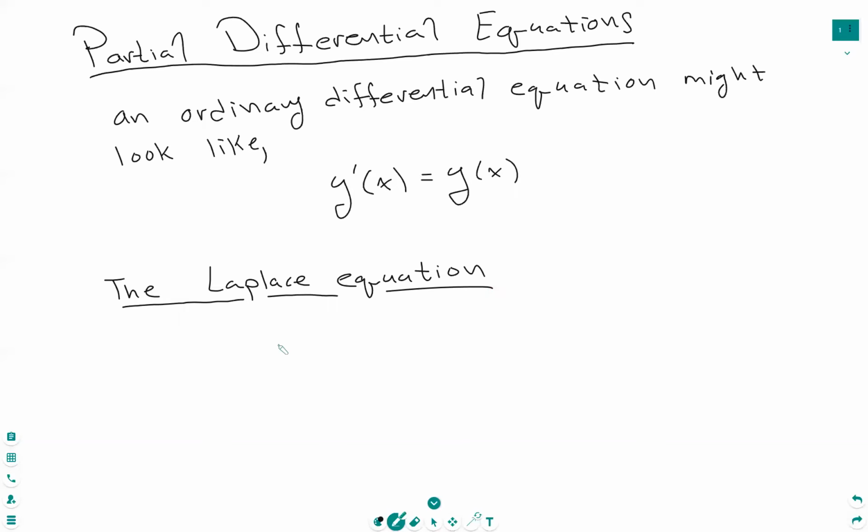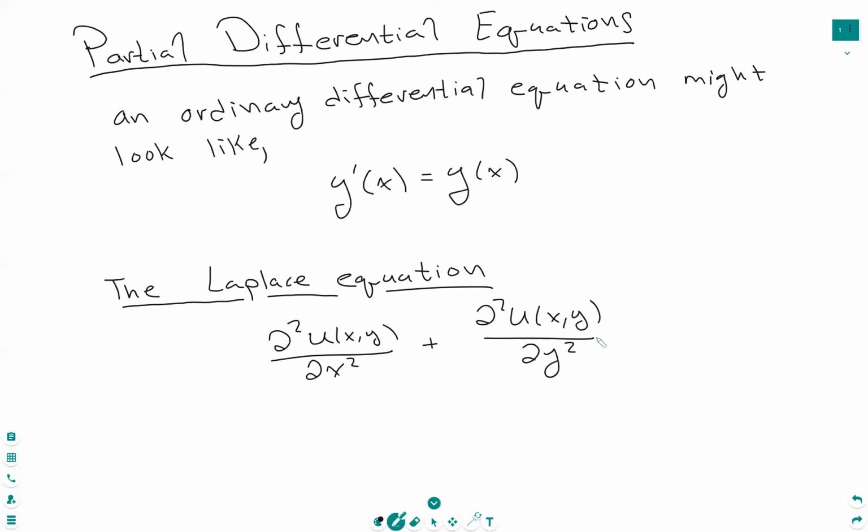And the Laplace equation is written as the second derivative of some function u of x and y. I'm taking 2 partial x derivatives, and then I add the second partial y derivative to this, and I should get 0.